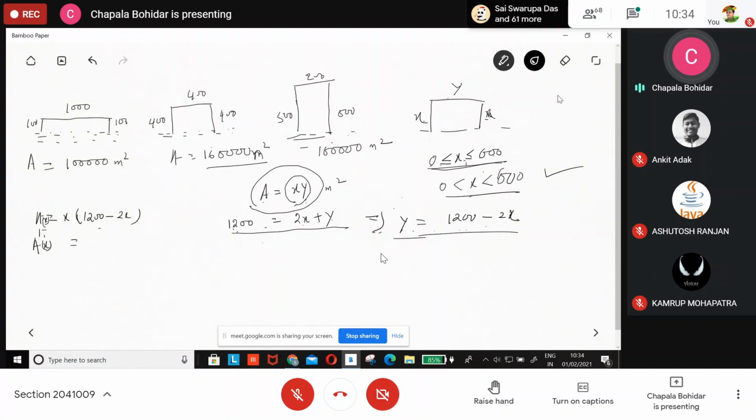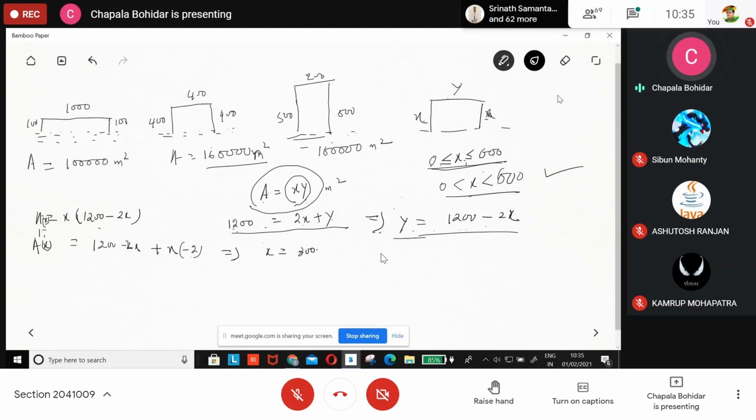What you get? 1200 minus 2x, then plus x into minus 2, the derivative of this. So it is 4x. So this implies the value of x is equal to how much? 300.